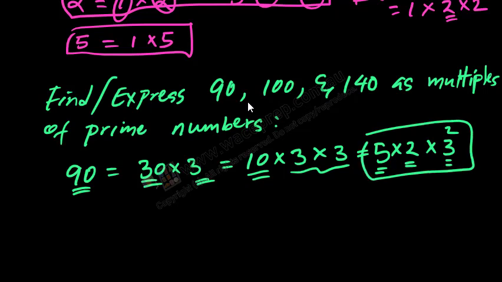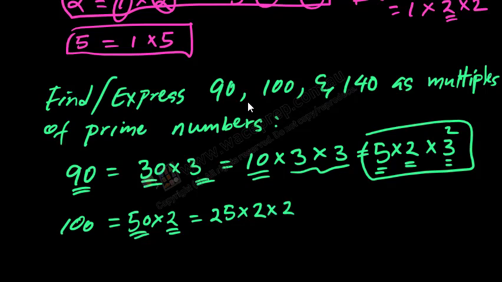Now let's have a look at number 100. 100 can be easily expressed as 50 times 2. Then 50 could be expressed as 25 times 2, and then we can leave the other times 2 as it is.